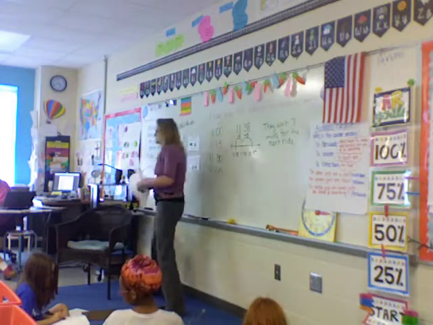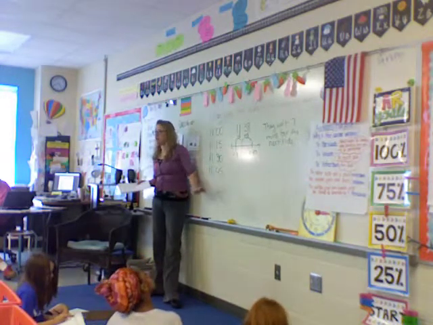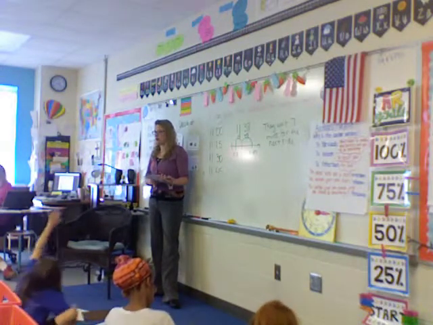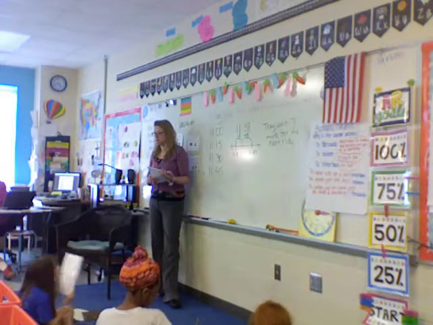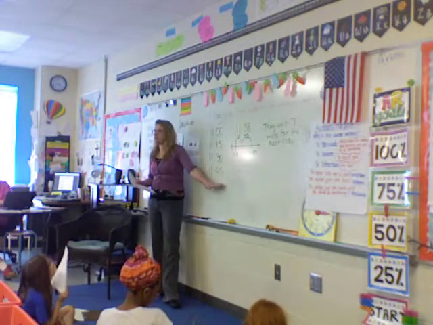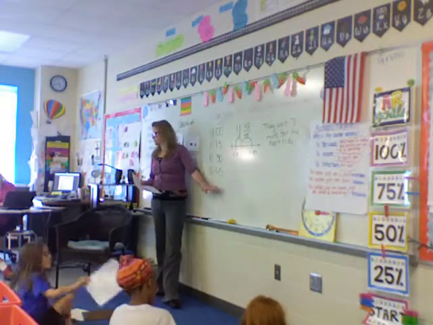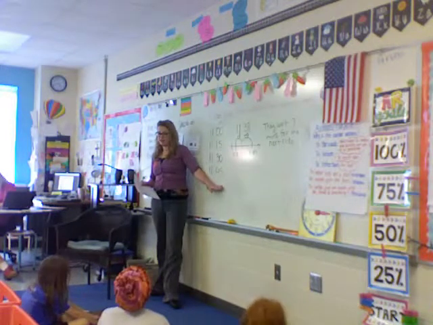Does everyone understand how we did this? Does anyone not understand? If you don't, I want to help you. Do you understand how we did this one? Okay, that's all I need at the moment. So everyone understands number 4, how we did this.